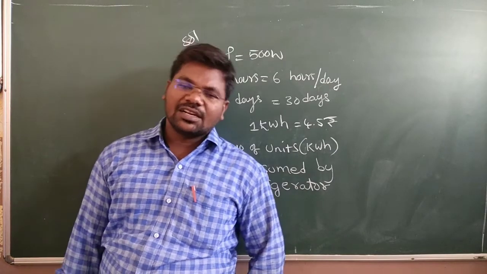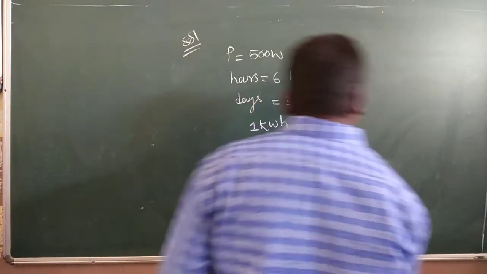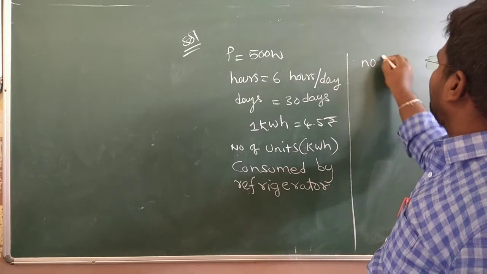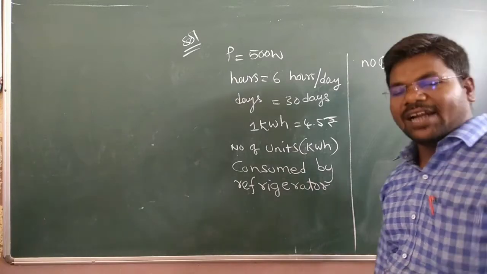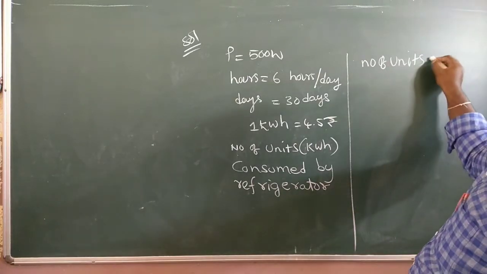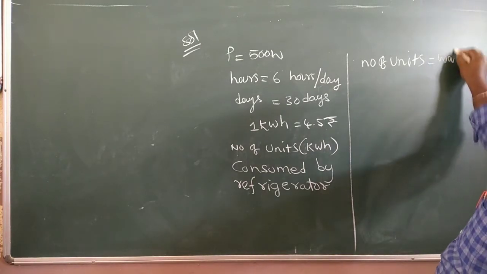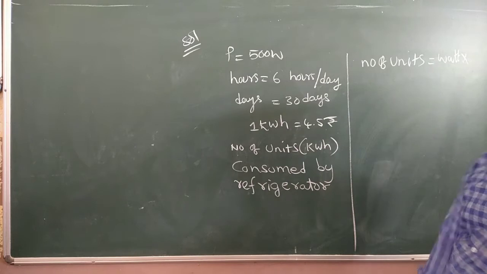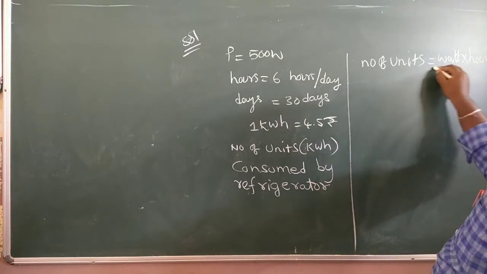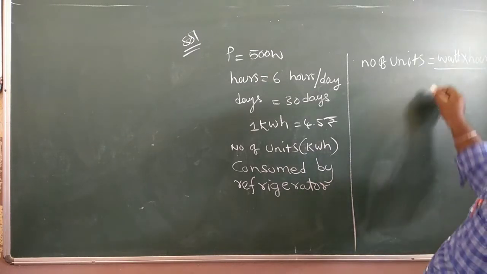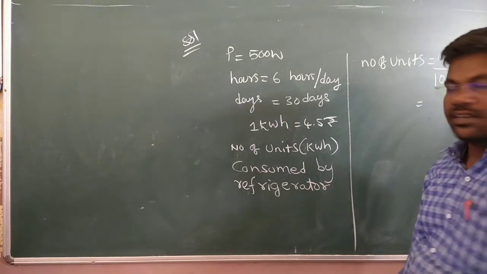We can use one formula to find the number of units of kilowatt hour: that is equal to total number of watts into hours, divided by 1000.